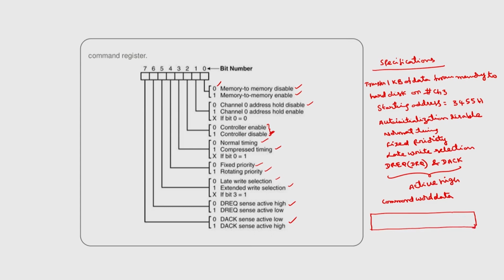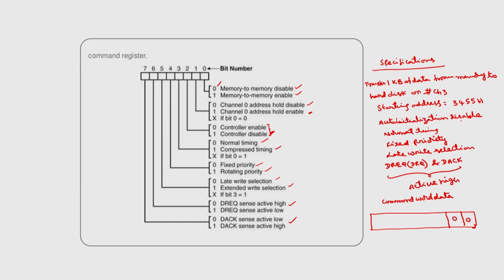So, what about the last bit? It is not a memory to memory transfer, so I have to disable the memory to memory transfer. So, this will be 0, and then coming to the next bit, this is channel 0 address hold disable because we are not using channel 0. So, I want to disable this.